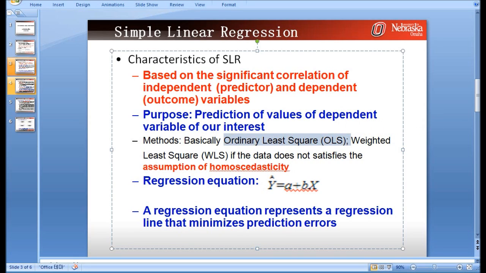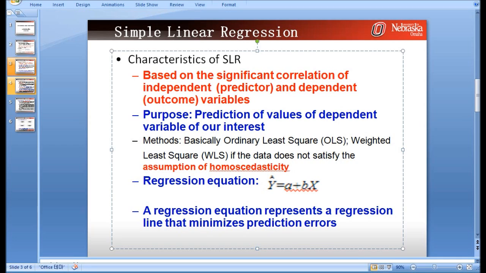Here, I will show you how this works for accurate predictions. Sometimes we need to use weighted least squares if the data does not satisfy the assumption of homoscedasticity.